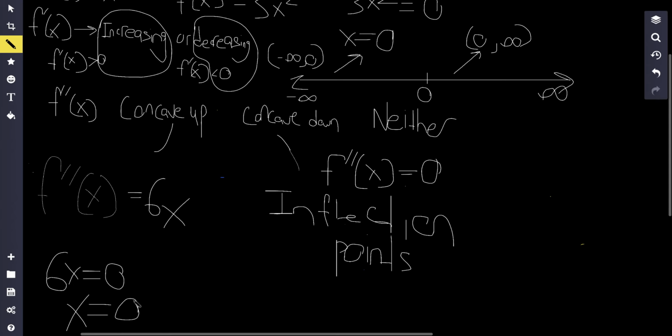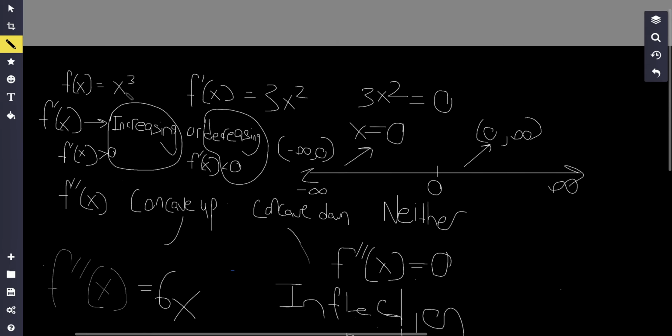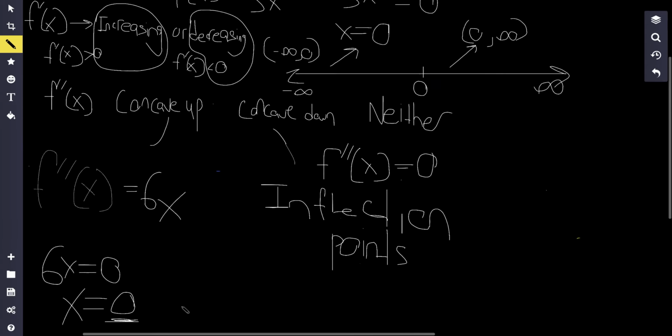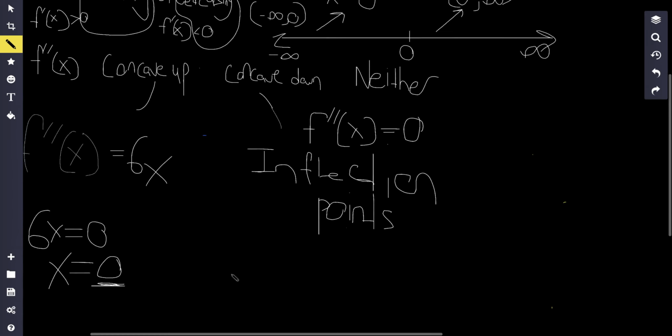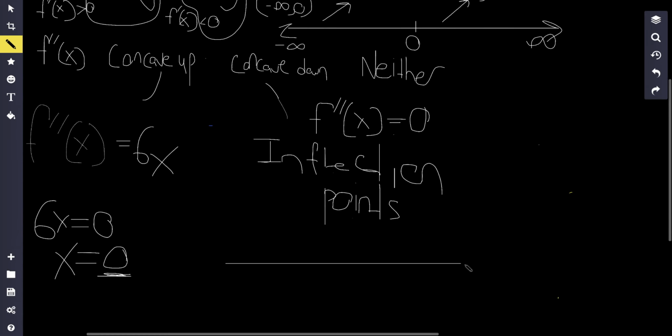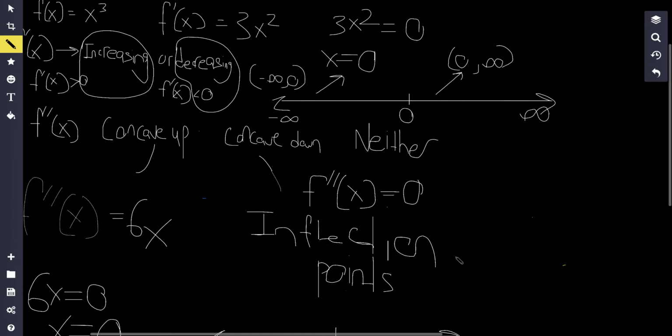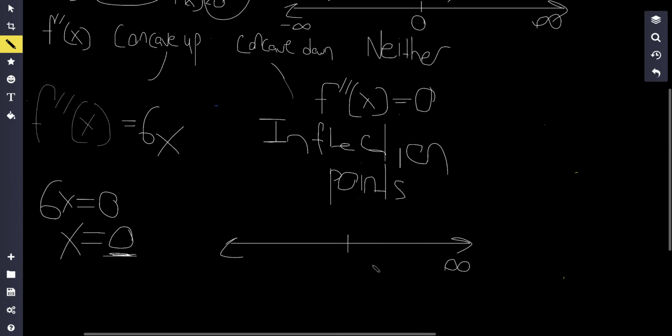So this tells me that at x equals 0, there's a possible inflection point for our function x to the third power. Now, how do we check if it's actually an inflection point and not just a trick? Because remember, if your second derivative is equal to 0, it's not always guaranteed that's an inflection point. The way you check is you use a number line, very similar to what you've done with the first derivative for critical points.